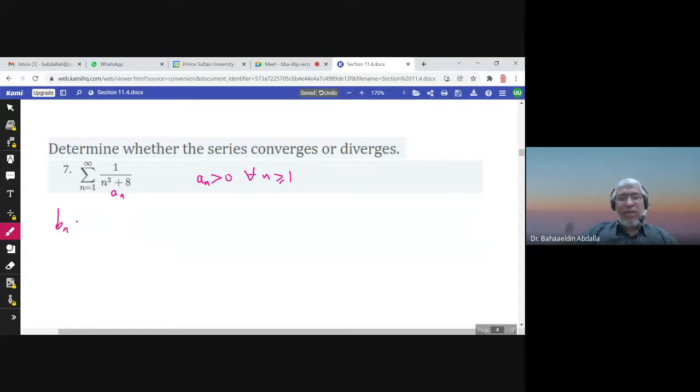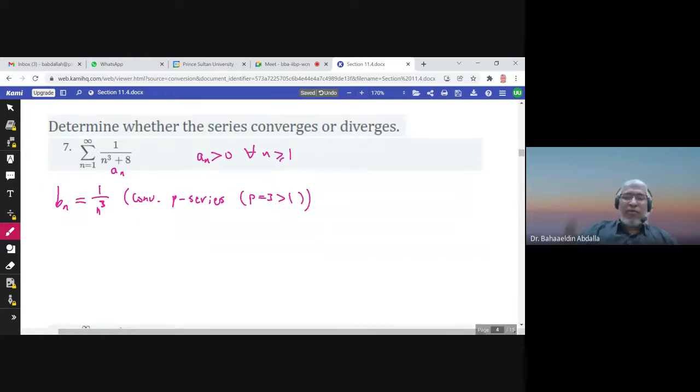And now let us determine bn. bn is 1 over n cube, highest power over highest power. And what is this? This is a convergent P series because P is 3, greater than 1.